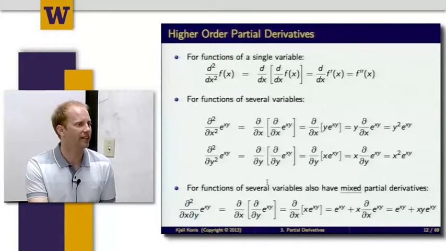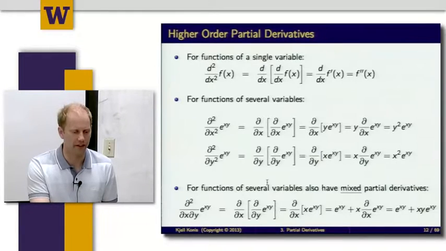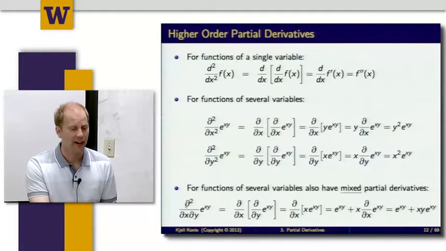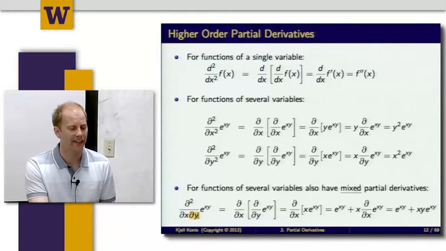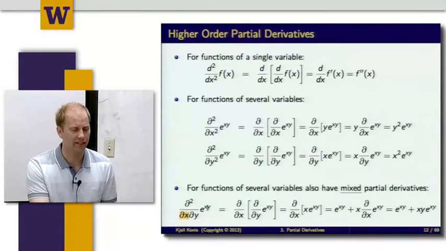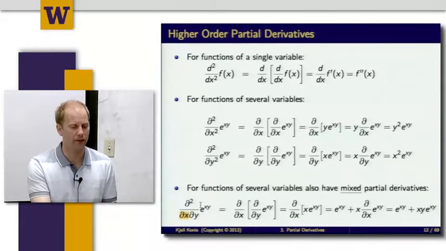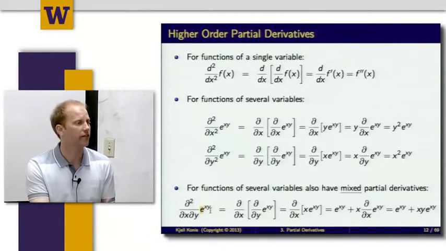Except when I repeat, I can take the partial derivative with respect to a different one of the variables. So in this case, I'm going to take the partial derivative first with respect to y, and then with respect to x. So you can think of this thing here as an operator. And so it's going to do something to this function. And the part that's closest to the function, that's going to happen first.